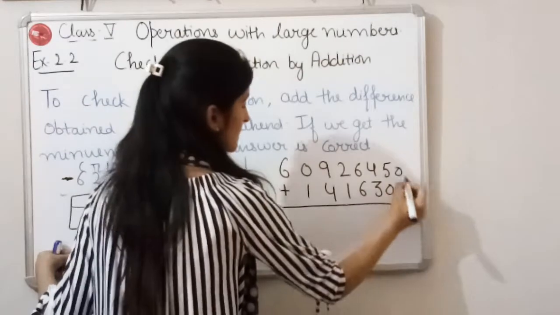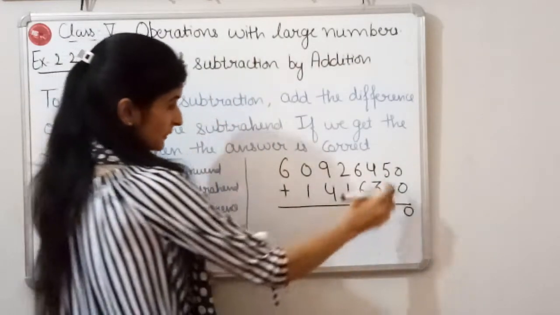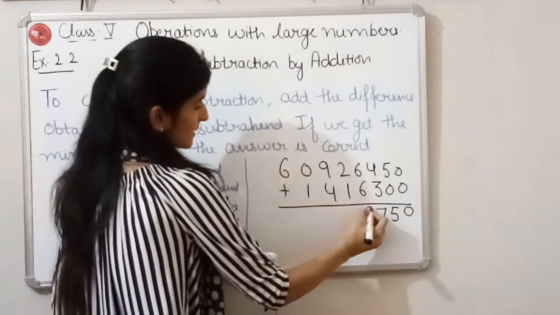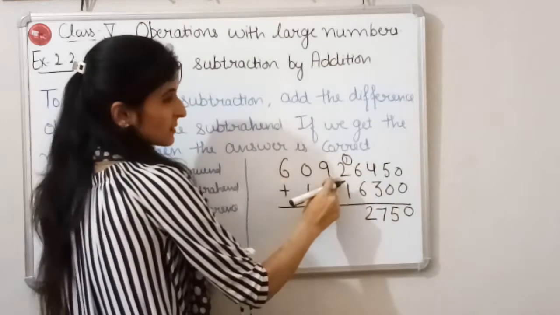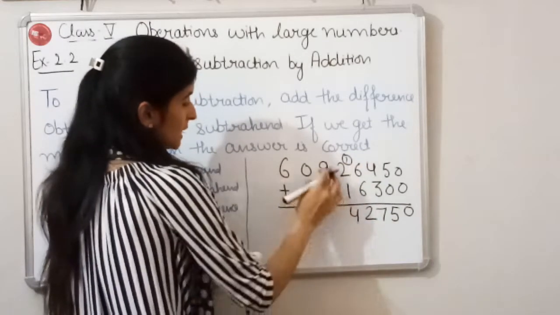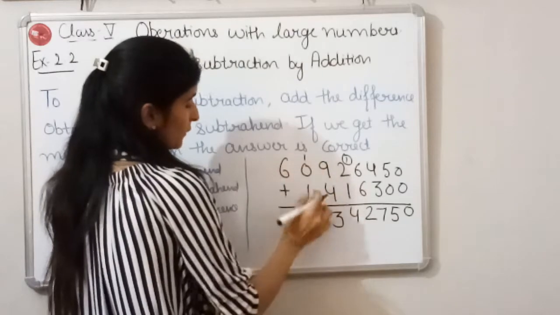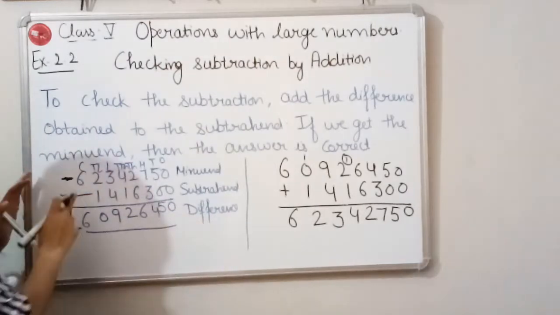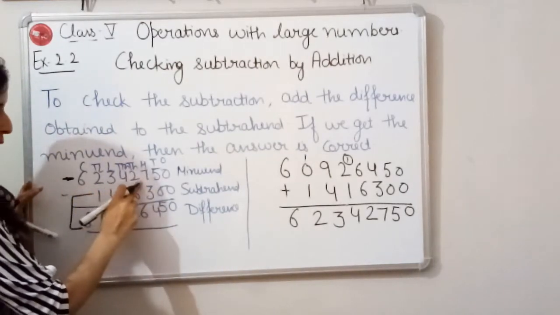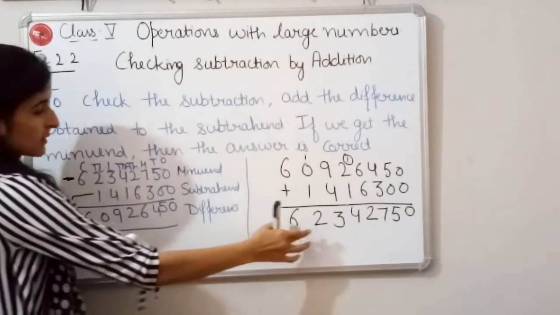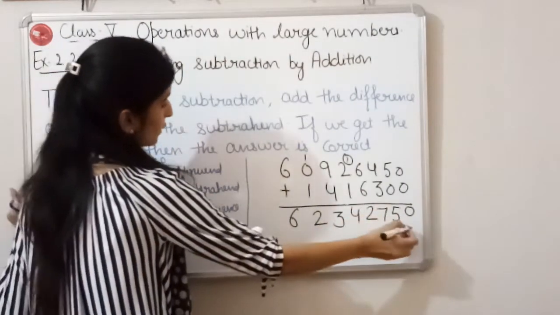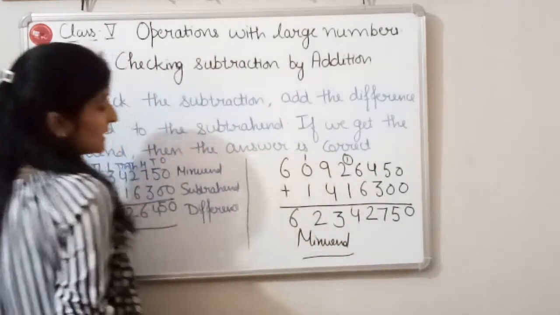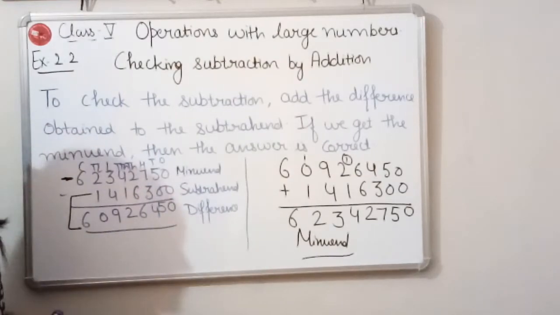Now add it. 0 plus 0 is 0. 5 plus 0 is 5, 4 plus 3 is 7, 6 plus 6 is 12, 1 plus 2 is 3, 3 plus 1 is 4, 9 plus 4 is 13, 1 plus 1 is 2, and this is 6. So are you getting the same minuend? 6, 2, 3, 4, 2, 7, 5, 0. It means we have got the minuend here, so our subtraction is correct.